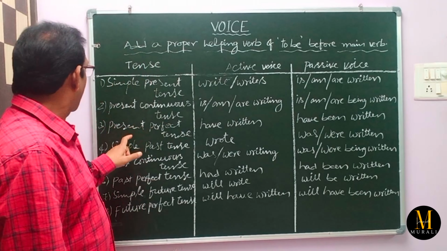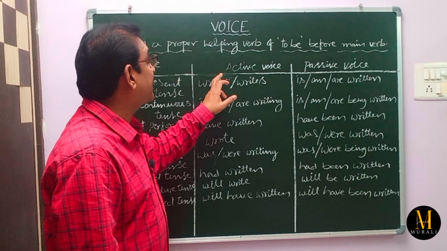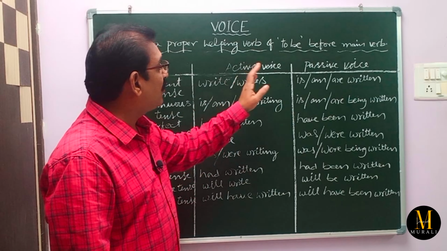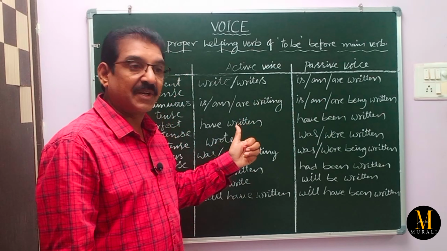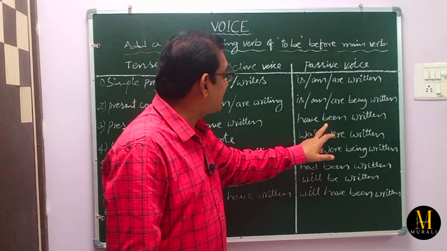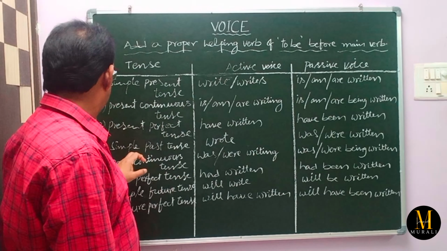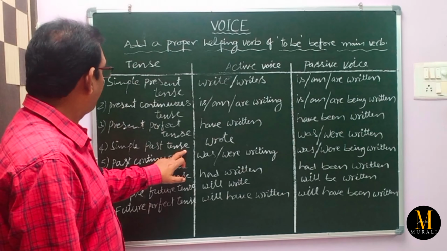Next, third one, present perfect tense. If the sentence is in present perfect tense in active voice, how can we change into passive voice? Observe it. Have written. In passive voice, have been written. Next, simple past tense: wrote.